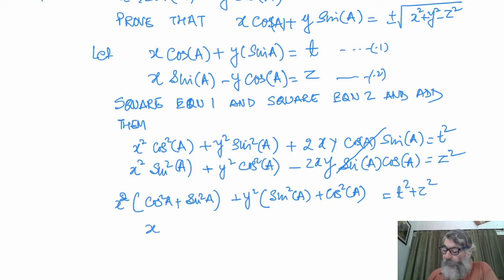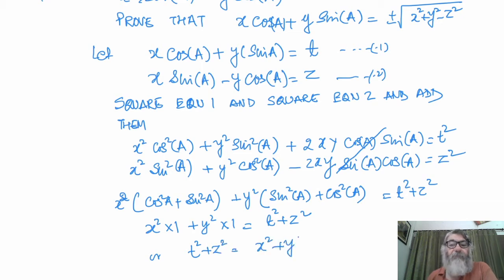So x square into 1, because cos square A plus sin square A is 1, plus y square into 1, is equal to t square plus z square. Or we'll say t square plus z square is equal to x square plus y square. I have reversed the left hand side and right hand side.